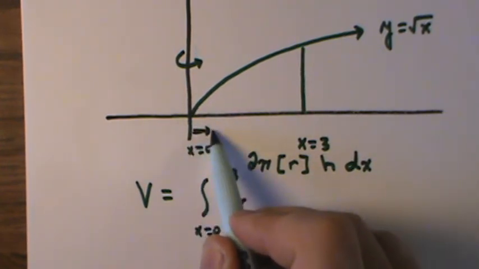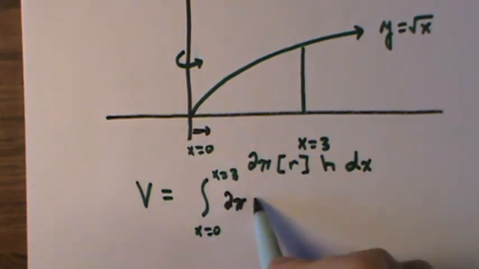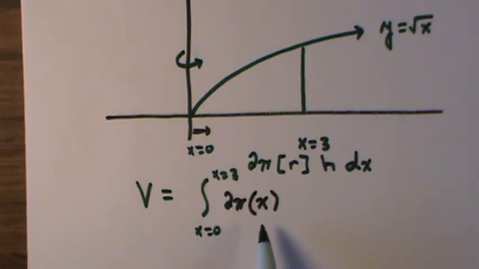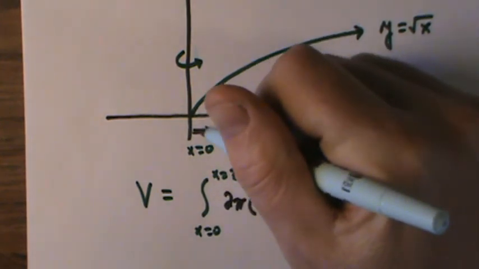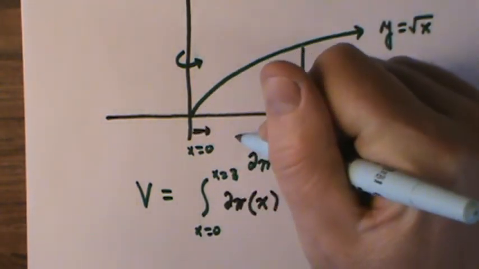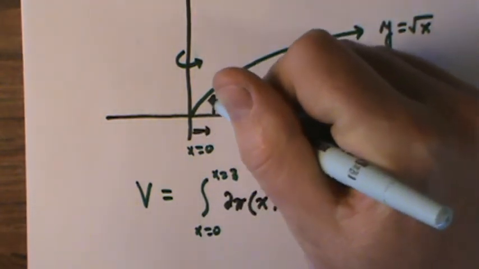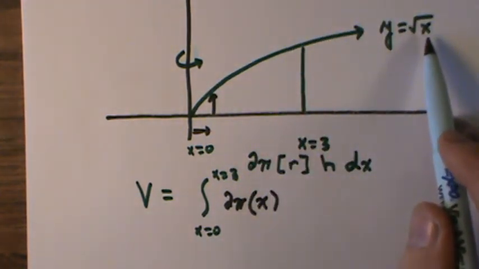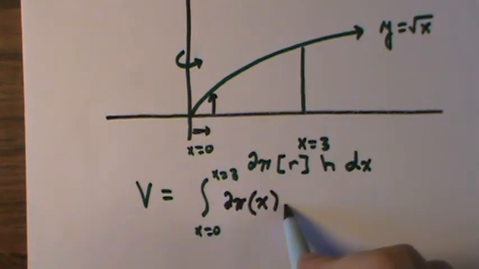I don't know how far, just x units. So my radius becomes an x. This will be a point that I have to explain better in more examples. The height: at any distance that I went out, any x that I went out, the height, in this case, just happens to be my curve. It's rad x.